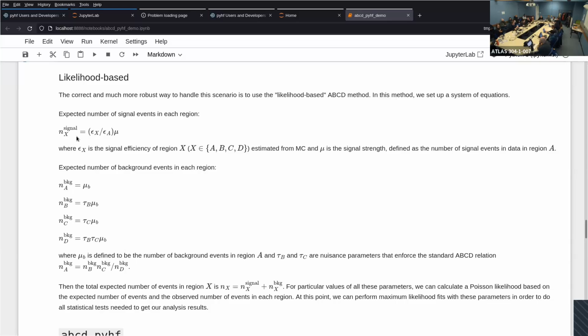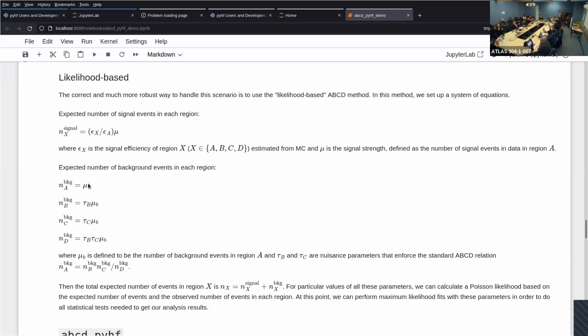And so then the number of signal events in the other regions is just the efficiency of the region divided by the signal efficiency of region A. And so then you can say that the number of background events in all of the regions is normalized.